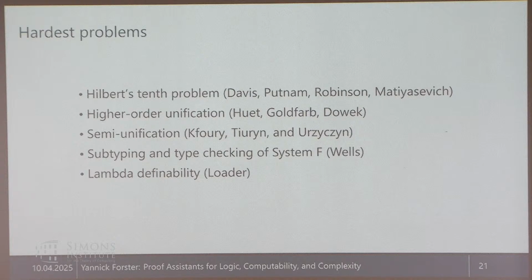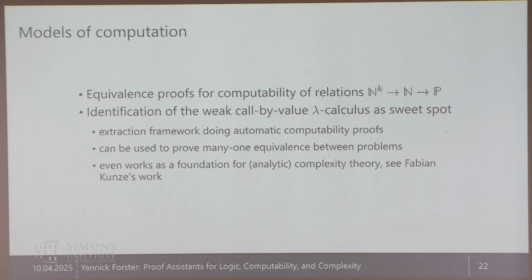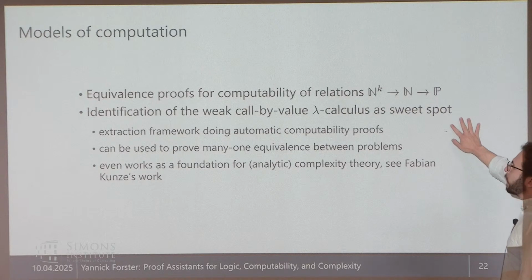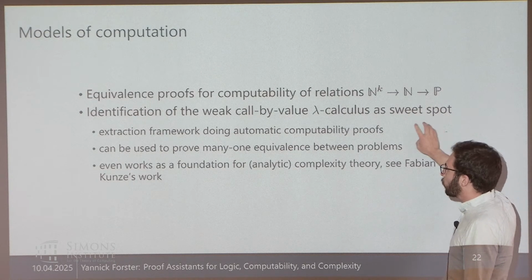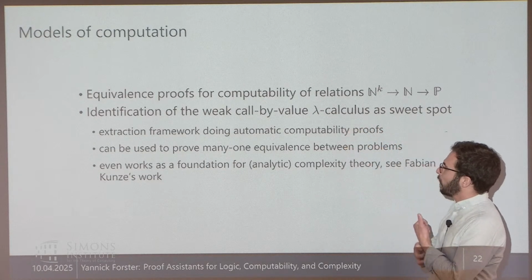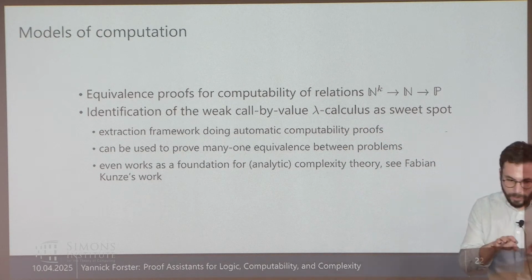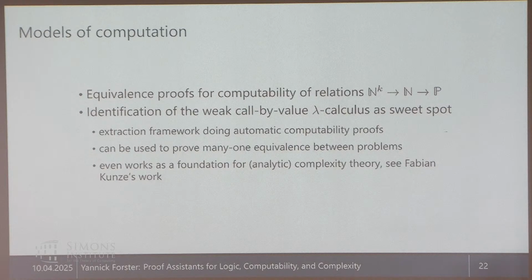Right, okay. As a side effect of this, we actually have equivalence proofs of all models of computation thinkable, because you need them to do the many-one reductions for the halting problem. We also say that if you really need to do computability arguments in a model of computation, weak call-by-value lambda calculus is actually nice, because it structurally looks a lot like the programming languages that underlie these proof assistants. It's essentially a functional programming language.